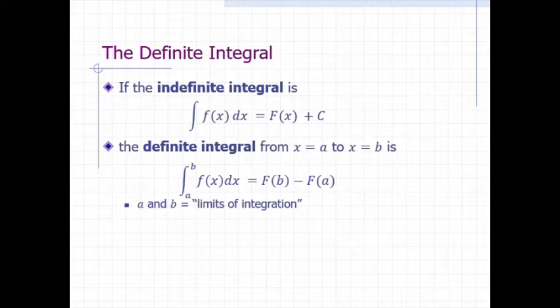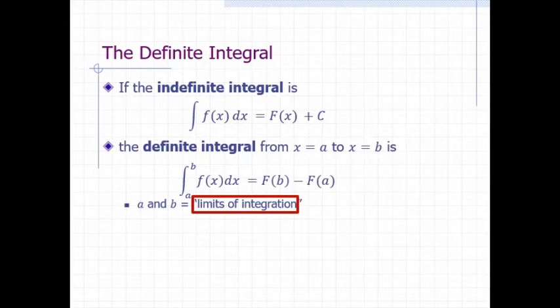Let's say we want the definite integral from x equals a to x equals b. We specify a and b next to the integration symbol as shown here. We refer to a and b as the limits of integration. We say that a is the lower limit and b is the upper limit.